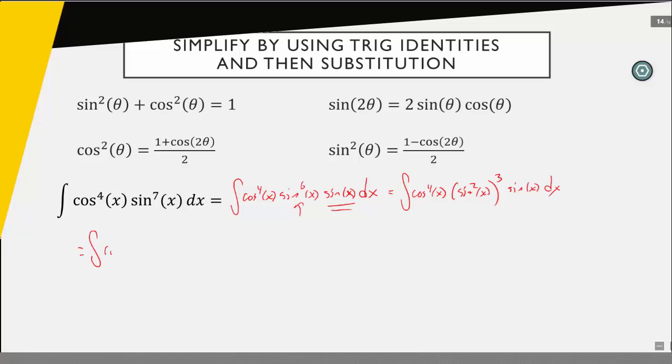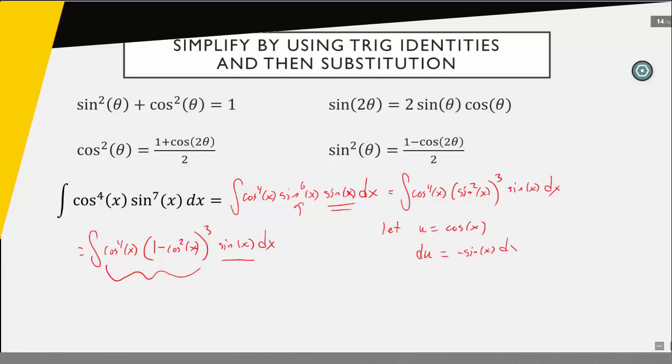Now I can use my Pythagorean identity to replace this with 1 minus cosine squared of x, all cubed, times sine of x dx. And once again, I have complicated stuff in terms of cosine, but that's okay. Single factor of sine.